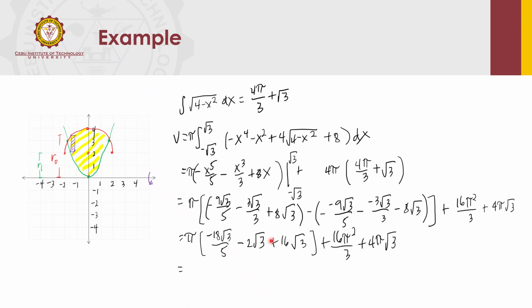So we're going to combine these. That's 14 times 5, so 70, minus 18, that's 52.